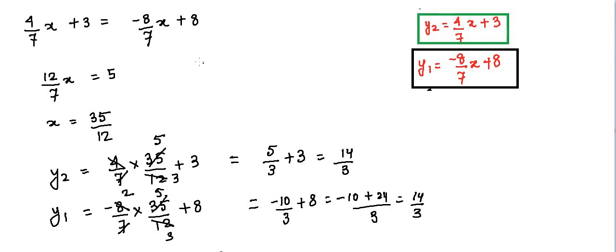Let's substitute the value of y1 and y2 in d. d is equal to y2 whole square plus 4y1 minus 21. Let's substitute the value.